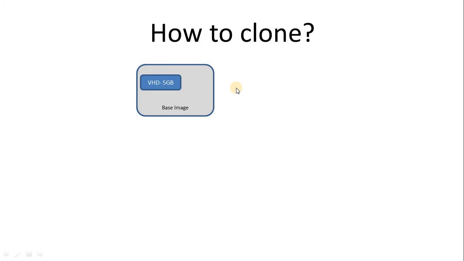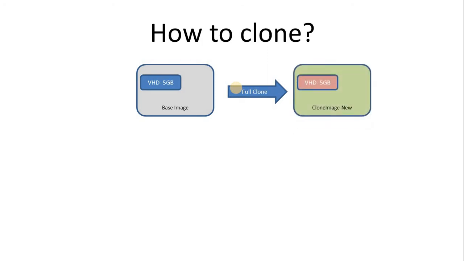Now when I attempt a full clone, an independent copy is created, and this hard disk is completely copied, creating a completely independent virtual image. So there is no link between these two images, they are completely different images.